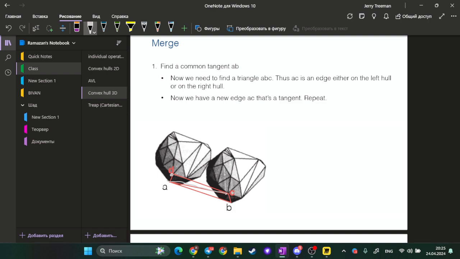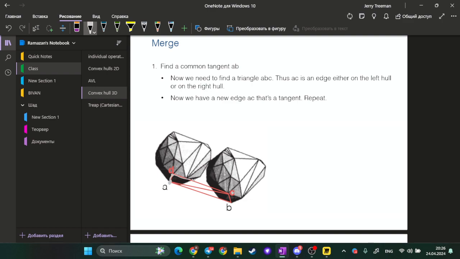Maybe we need to consider what? Maybe we need to consider points that are adjacent to this point.